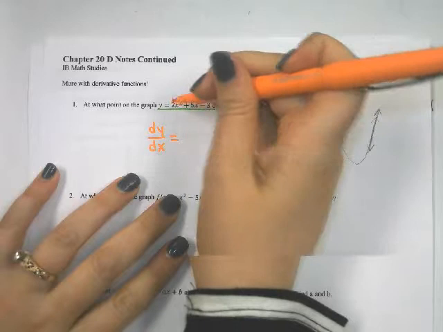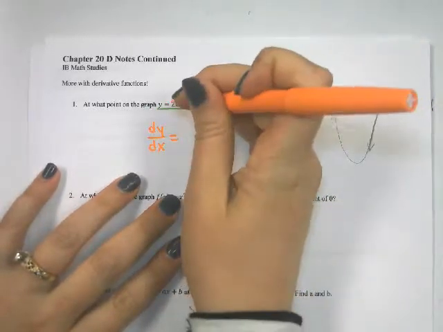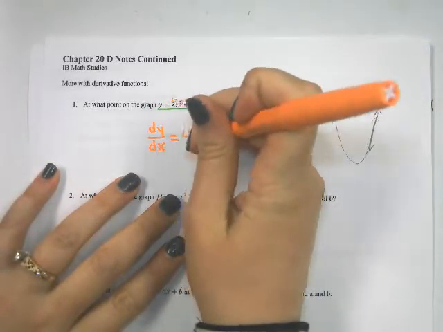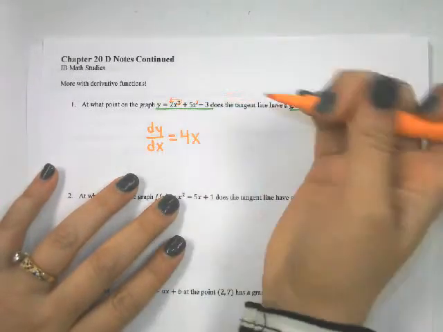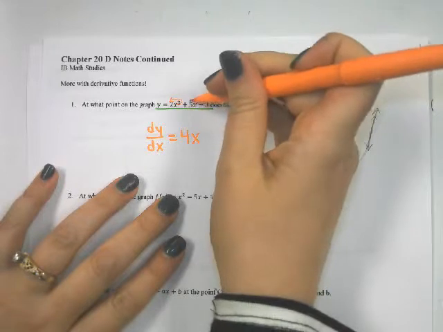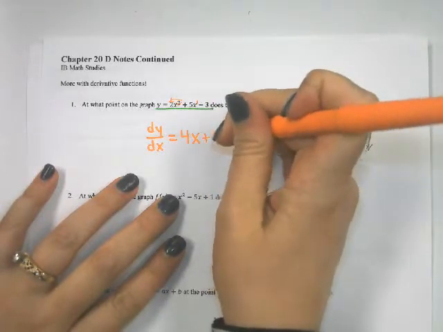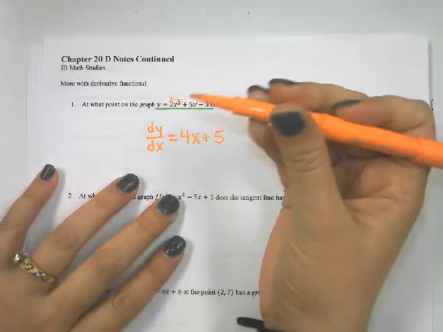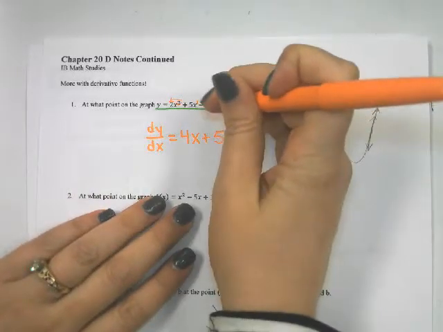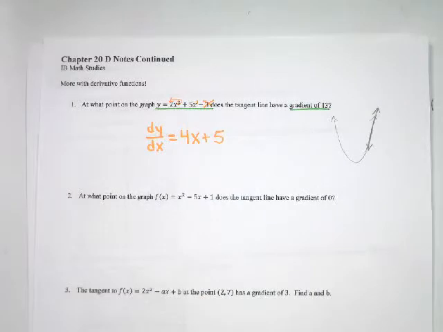We take our exponent, drop it to the front, multiply it with the front number. 2 times 2 is 4. Decrease the exponent by 1. Here our exponent on x would be 1. We do 1 times 5, which is 5. And then we'd have x to the 0, which just is 1, so it's gone. And we can always ignore our constants. So this is the derivative of our original function.